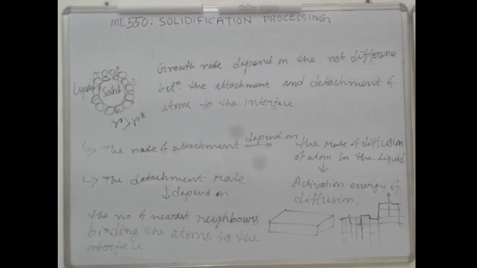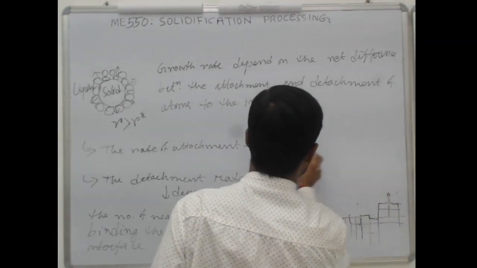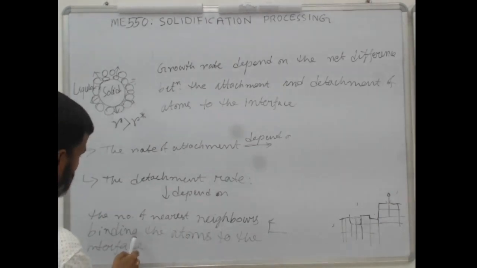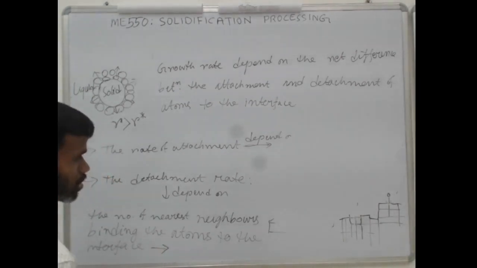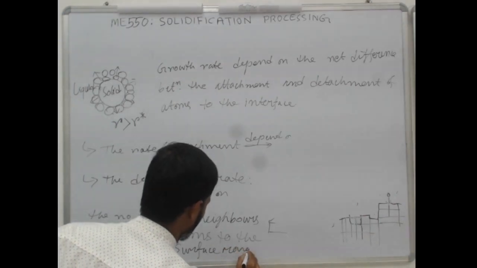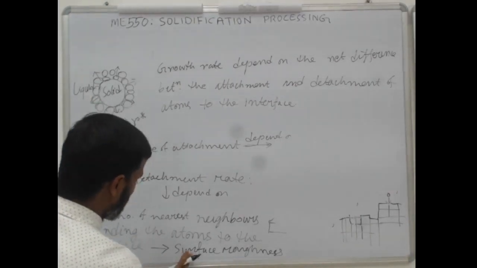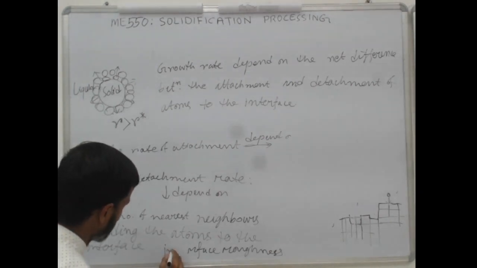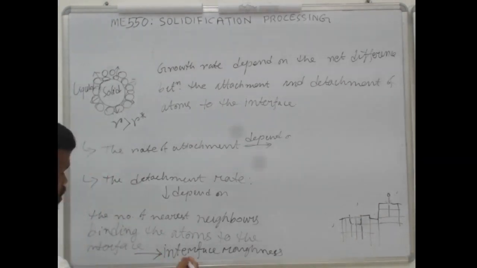So what we can say from this is that the detachment rate depends on the number of nearest neighbors binding the atoms to the interface, and this depends on the interface roughness. What the surface means? Interface roughness. Write it, interface. So it will depend on the interface roughness.